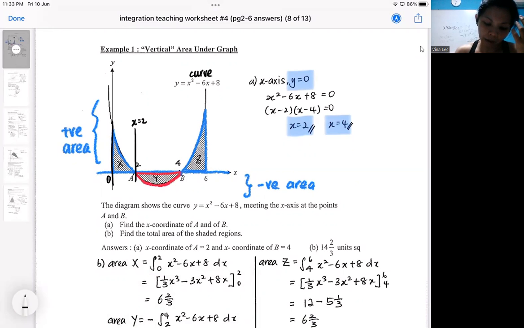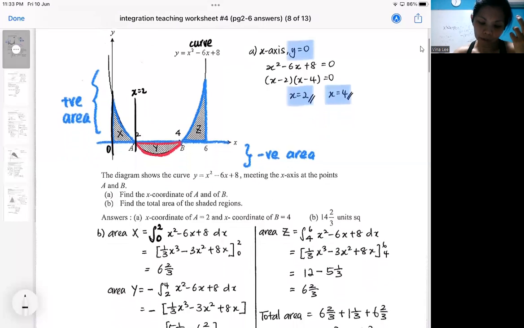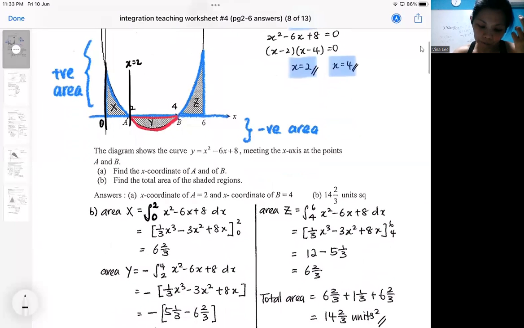Can you see I integrate the curve? Look at the formula that I use. I'm using a very basic formula: you add a power, divide by the new power. Remember, when you do a definite integral, you must integrate before you put in the 2 and 0.